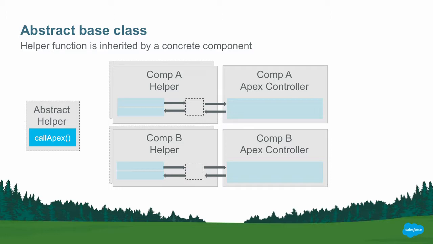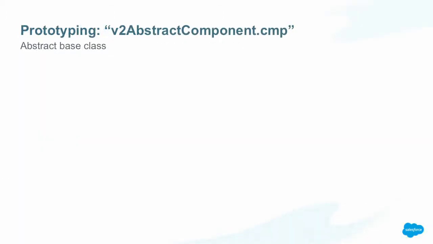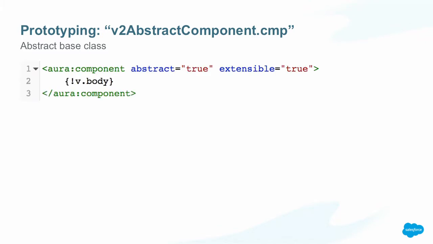All right, let's see how this would be implemented. We first have to define an abstract class in a Lightning component. This is really easy. You just define abstract equals true and extensible equals true. That's it. The only thing which is kind of strange in my eyes is v.body.